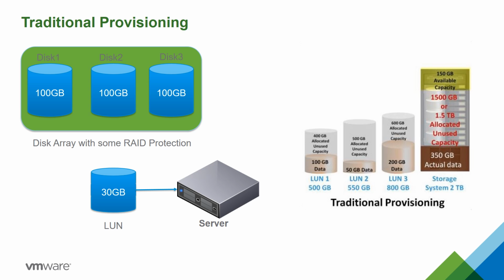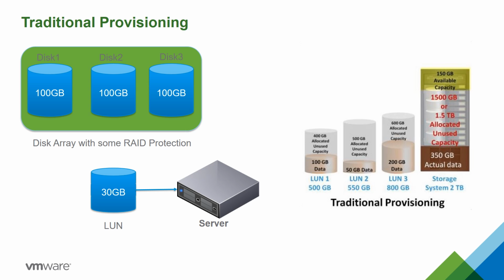There's no releasing of that space here. Once allocated, the 400 GB is completely wasted. Similarly, LUN 2, 550 GB, only 50 GB written, the rest 500 GB allocated unused capacity. LUN 3, 800 GB, only 200 GB written, rest 600 GB allocated, unused capacity.